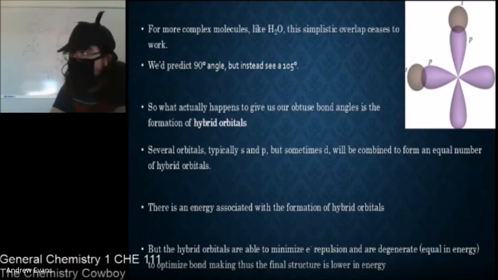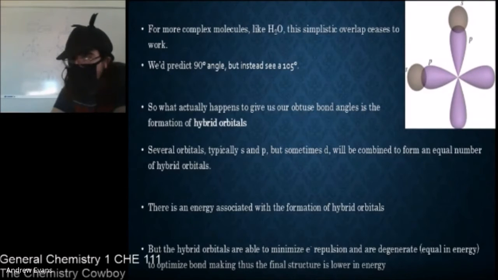They only cross those 3 axes. And so with that in mind, if this simple overlap worked, H2O would have a 90-degree bond angle because the x-axis is obviously 90 degrees from the y or the z-axis. You would predict a 90-degree bond angle, but we actually see a 105-degree bond angle.